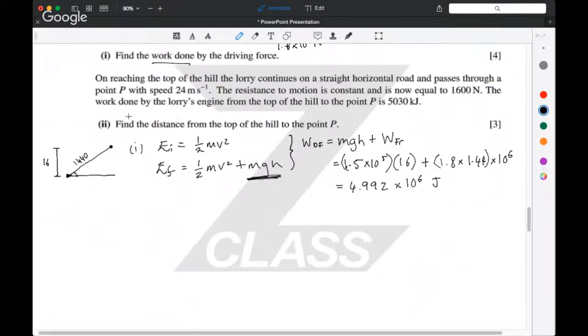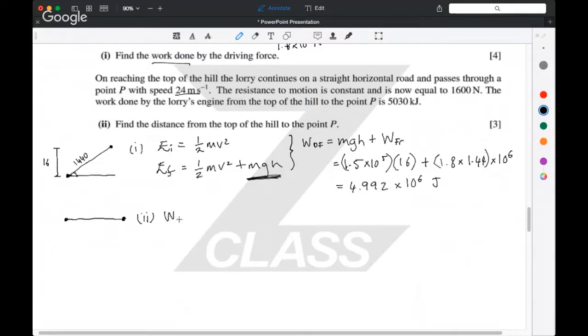So, next question. Now they're saying that after reaching the top of the hill, the truck travels along some straight section of road with a higher speed, and that it's still fighting some resistance to motion. So they're now giving us the work done, and they want us to find the work done by fighting friction.